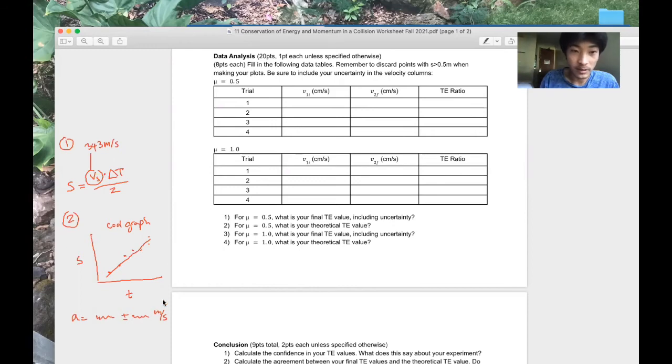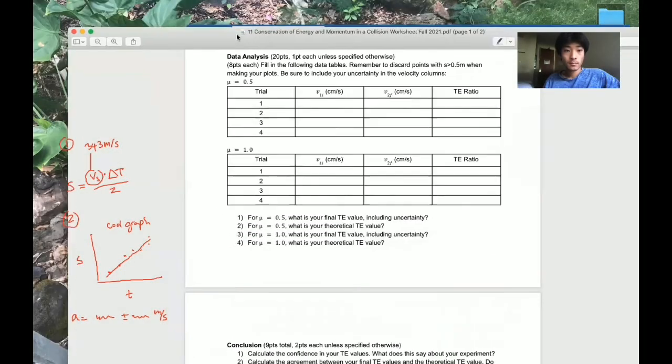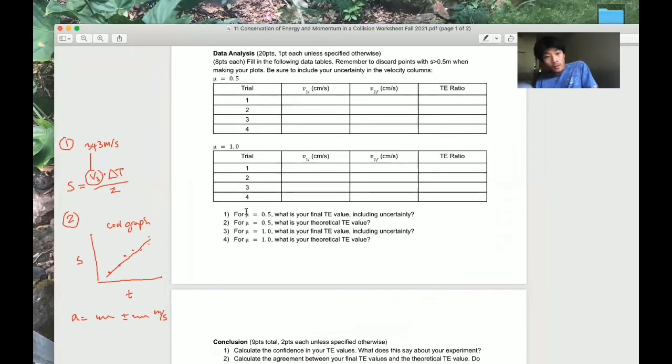Oh, sorry, that should be centimeters per second. I think you have to convert your velocity to centimeters per second in the end.